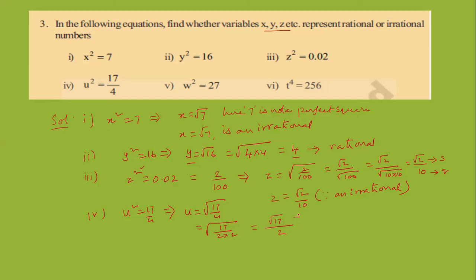Then you take one. Then finally what you get is root 17 by 2. Here 17 is not a perfect square, so root 17 is irrational. 2 is a rational number. Root 17 is an irrational and 2 is a rational. Then S by Q. That means u equal to S by Q, which is an irrational number.